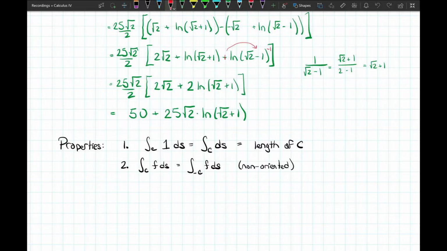And another property, especially thinking in terms of mass and linear density, it doesn't matter if we are adding forward or backwards. If we're going in the direction of this curve C, or if we're using the opposite orientation, that's just denoted by -C, going backwards along the same curve, we should end up adding up the same value. It doesn't matter how we add up the density to get mass, we should get the same result.